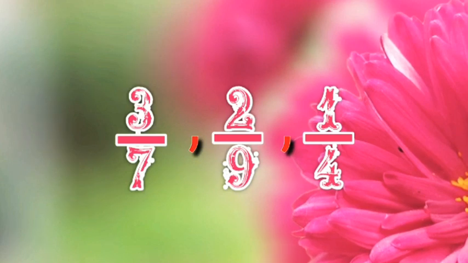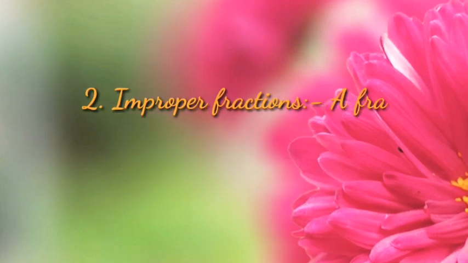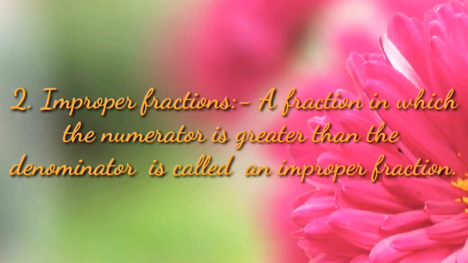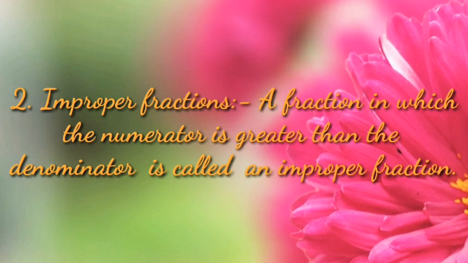So our next type, that is improper fraction. A fraction in which the numerator is greater than the denominator is called an improper fraction. As students, it is clear from the name as well. Improper means opposite of proper.